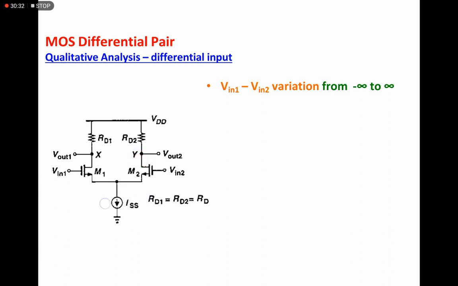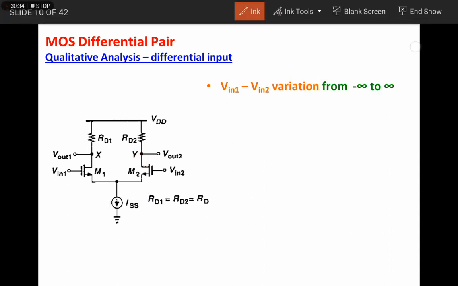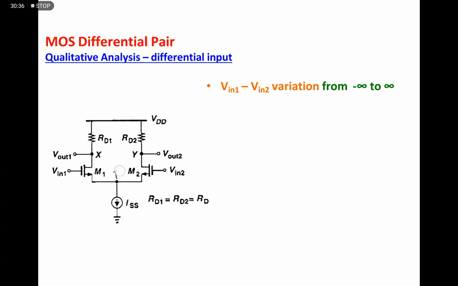For that we are considering the point P. Point P is a reference point. With respect to P, we will consider what is the condition for switching off one of the transistors.